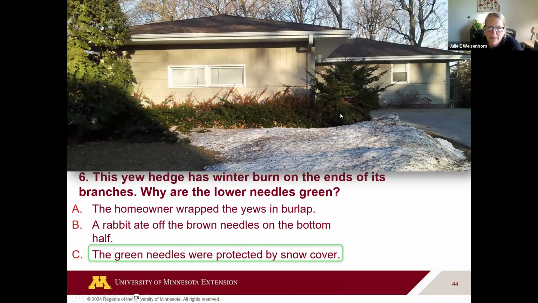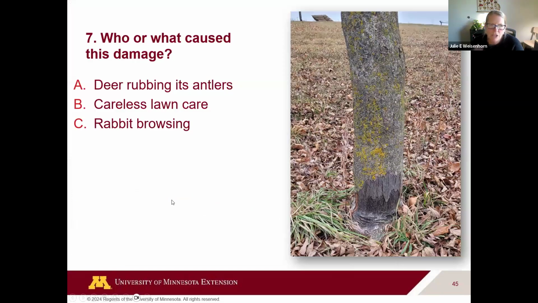You are correct. Yeah, that's where the snow level was. That's the snow line. So we see some of the old snow over here. But yeah, the snow was that high this winter and just the tops of these got burnt. This is probably on the south side of the house. And so that winter sun is pretty intense on the south, and that caused winter burn to occur. Good job.